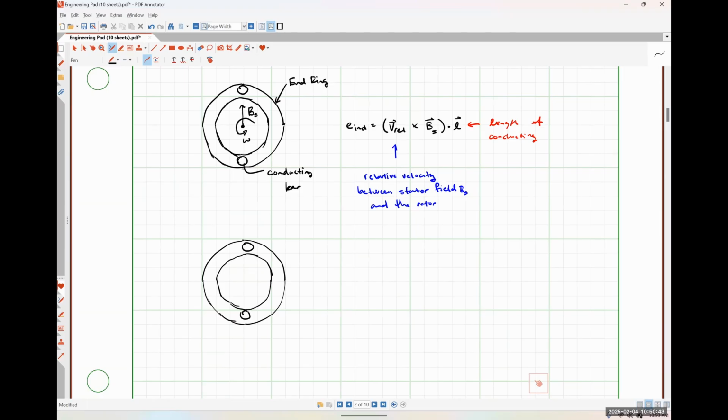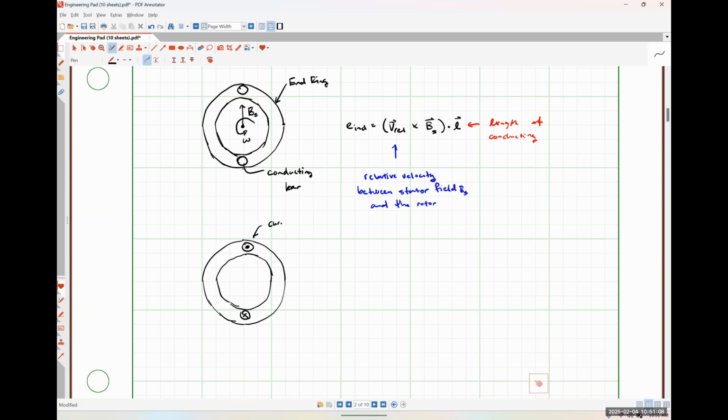I should be expecting to see current flowing literally through the bars in my rotor. So let's start from an assumption that current is flowing out of this bar into the end ring, and then it is flowing through the end ring into this bar to the other side, forming a closed loop, okay? So these dots here are representing the directions of current flow.